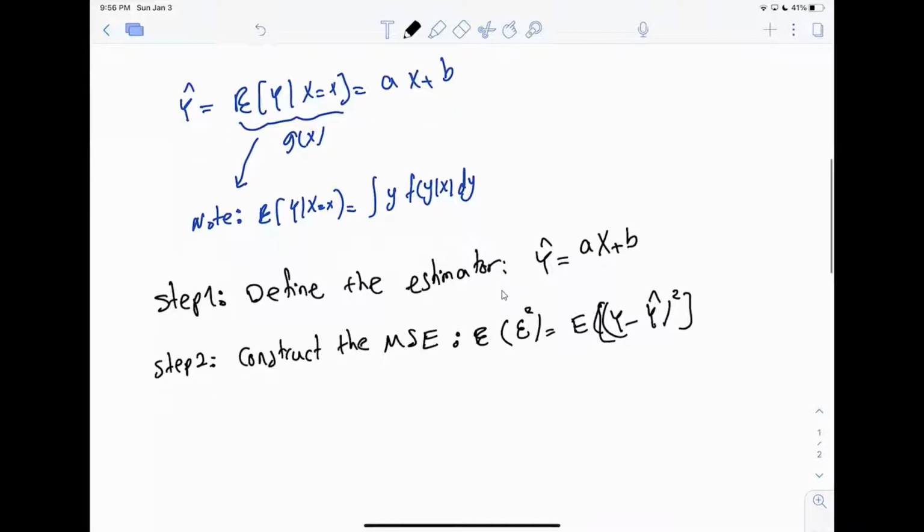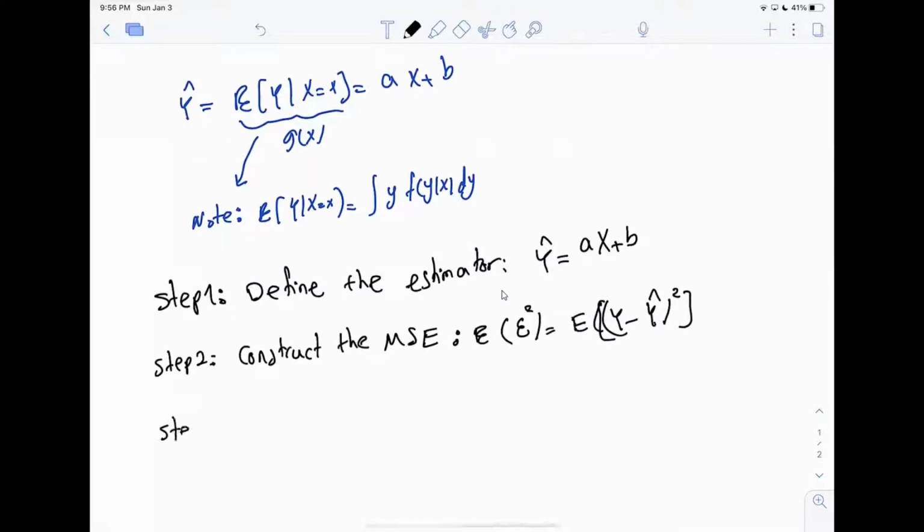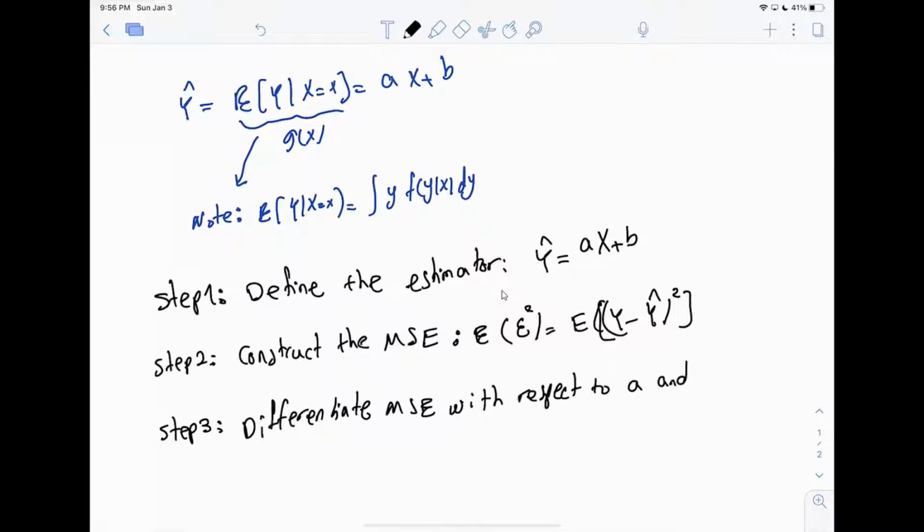Good. Step 3: differentiate the MSE with respect to a and b. Remember, we are trying to find the optimal parameters a and b, and set the derivatives to 0.